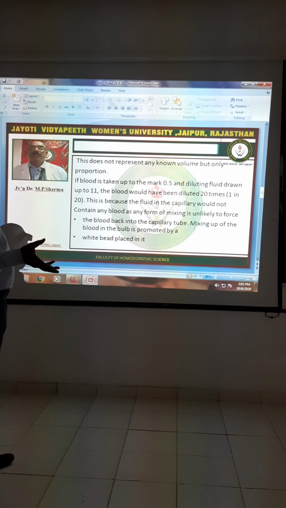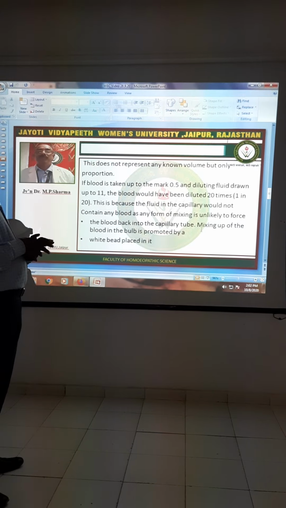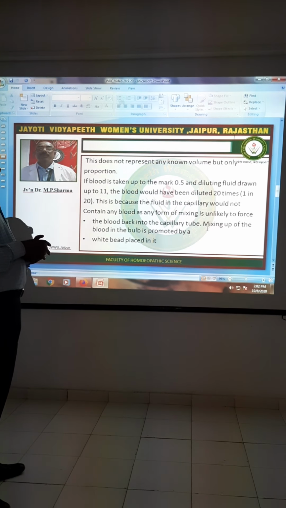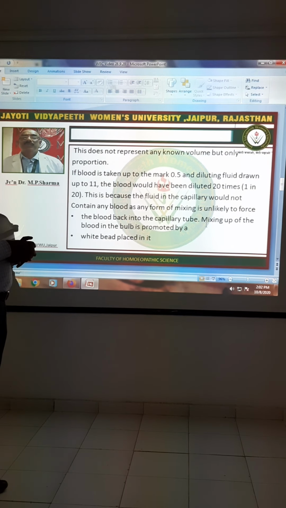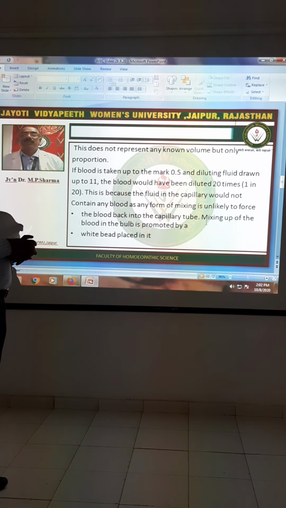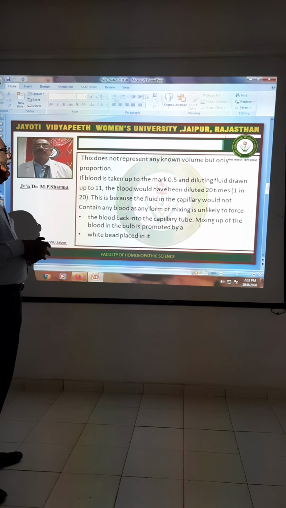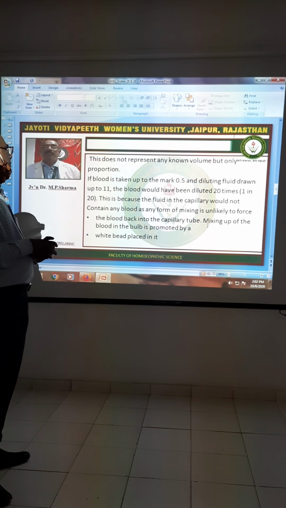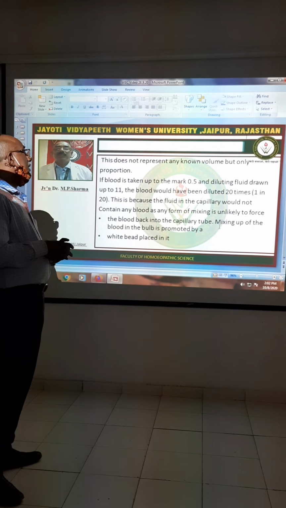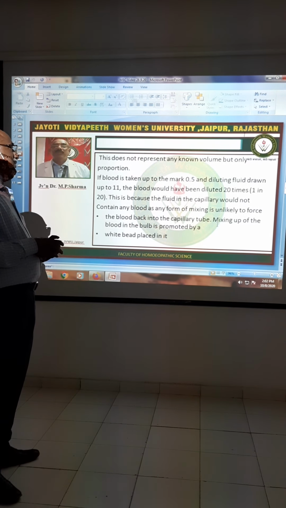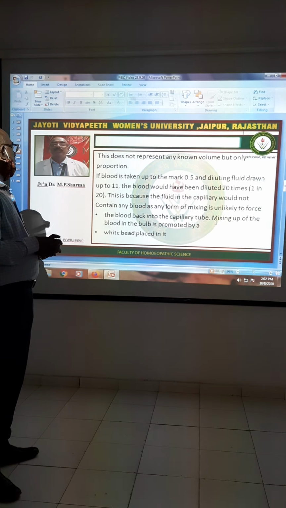This does not represent any actual volume, but only proportion. If blood is taken up to the mark of 0.5 and diluting fluid drawn up to 11, the blood in the bulb would have been diluted 20 times. 1 in 20.